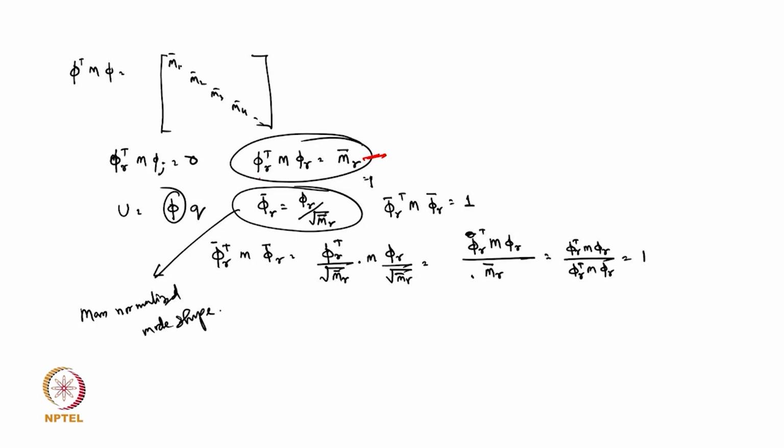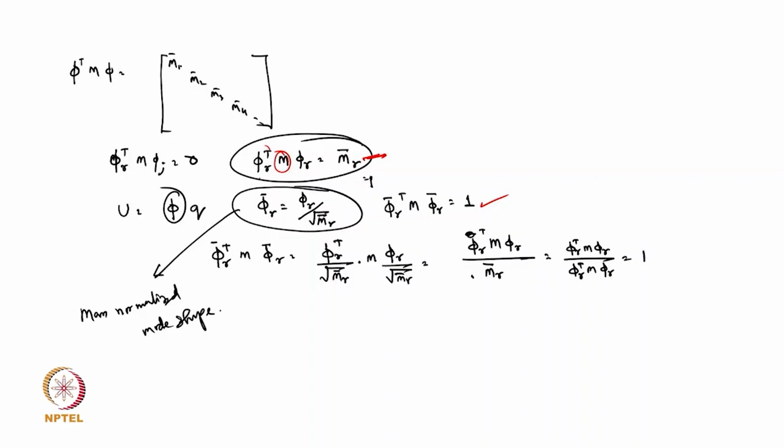We cannot scale the M matrix, the mass matrix, that's a constant value, so we can alter phi r. Obviously if we alter phi r, phi r transpose will automatically be altered. So we just divide phi r by the root over of m r bar. Once they are multiplied, it is totally m r bar divided by m r bar, and from that we can say these two things will become 1.